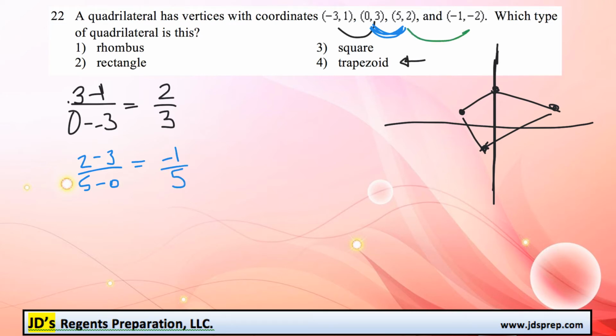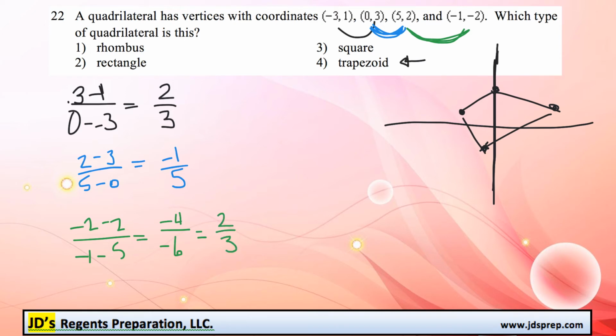Next, we'll compare 5, 2 to -1, -2. So the slope of that would be -2 minus 2 over -1 minus 5. That would be -4 over -6. That's the same thing as positive 2/3.